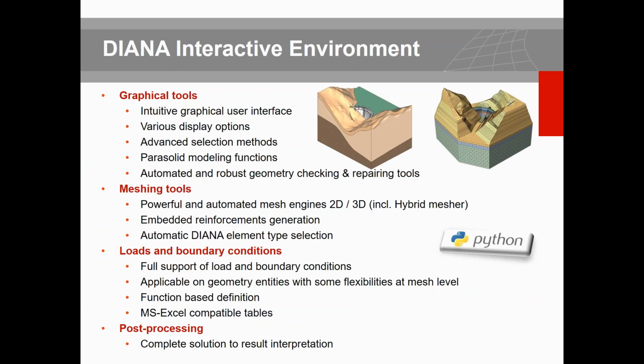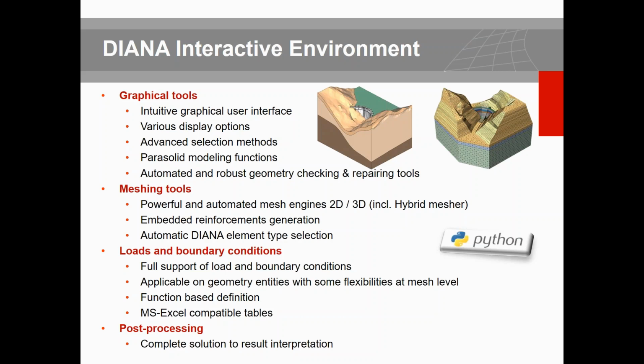Just a quick update on the engines that we use. We use the Parasolid engine as our modeler, and we use some sort of CAD readers in order to interact with other geometry modelers. So if you have a model in AutoCAD, Revit, you can use our CAD reader and import everything in Dana and proceed with the rest of the model. Our mesh engine, CM2, is one of the powerful hybrid mesh engines that are available in the CAE industry.